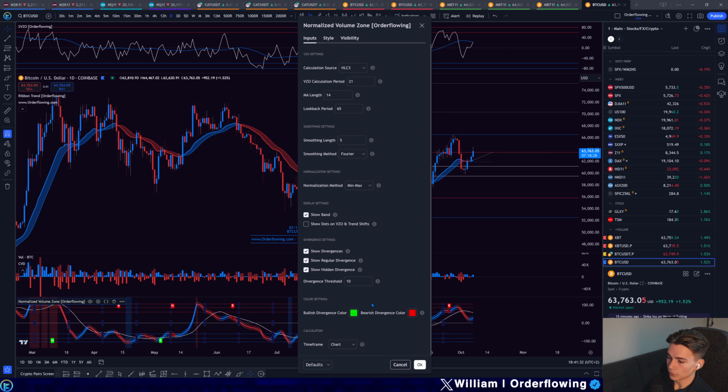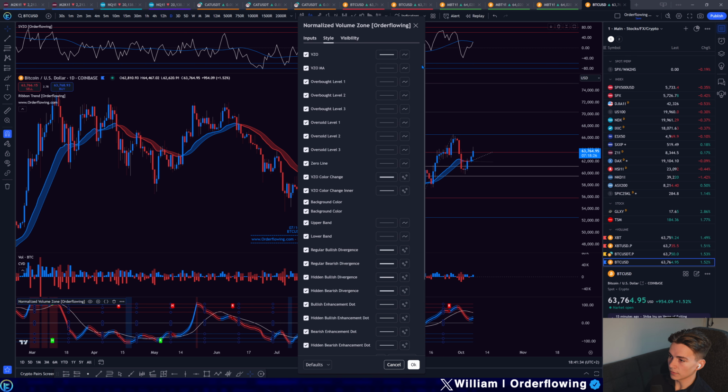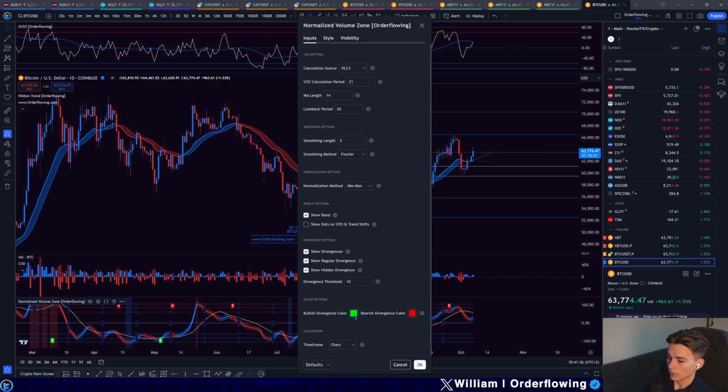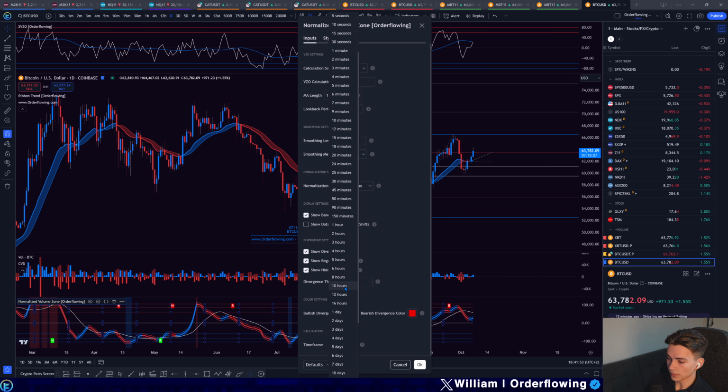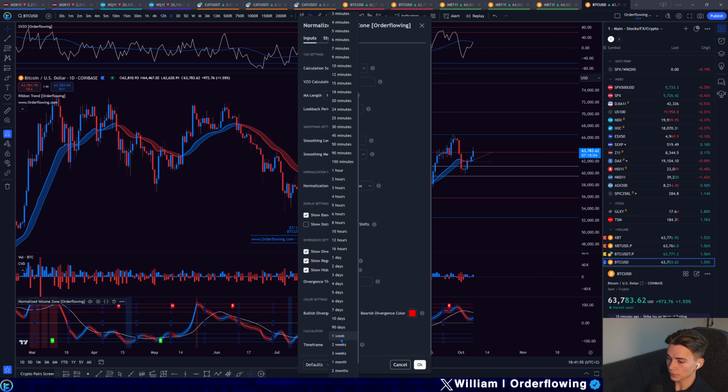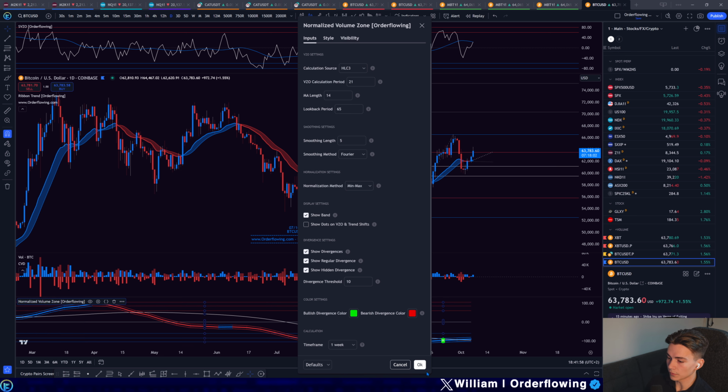You can also choose which colors you want in the style option down here, at the divergence color and the other settings. You can also do the calculation for different time frames. If you are looking at the daily chart as we are here, you can jump into this setting and choose which time frame you want the calculation to be on.